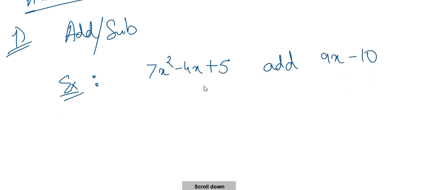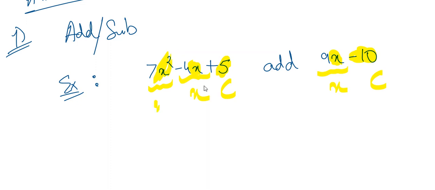What you have to notice is you have to just see the common terms. You have x term here and here, and you have a constant which is 5, c. Let me denote constant as c, and here you also have c. Here is the x square term, here you have x square term, and here you haven't.